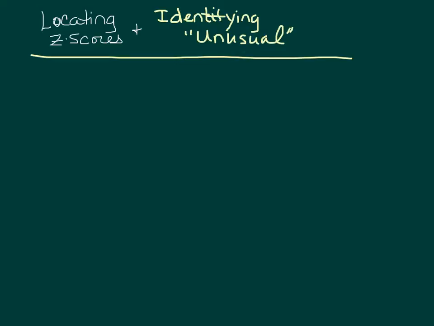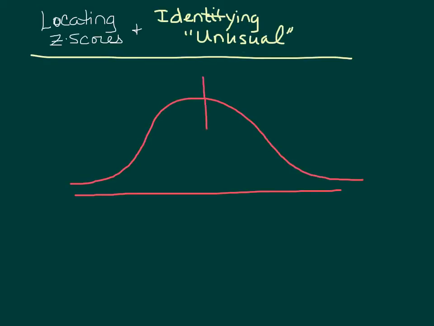on a number line. Well, z-scores are always located in the same specific order. When you have a normal distribution, you have a line and you have your normal chart. In the center is always the mean. And when things are normalized, the mean is always 0.